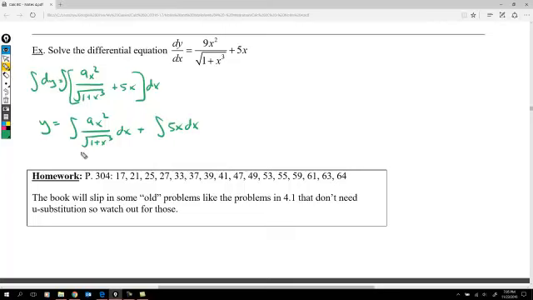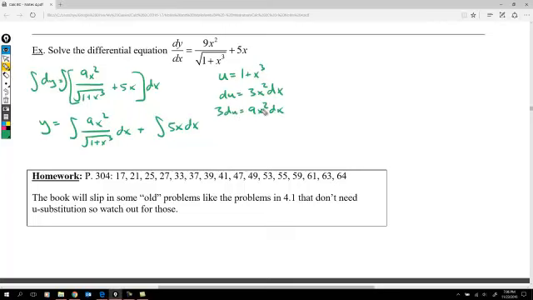This one's pretty easy, so I'm not going to worry about it. Over here, I'm probably going to want to do a u sub. I'm going to let u equal 1 plus x cubed. That means that du is 3x squared dx. Now I have a 9x squared dx, so I'm going to multiply both sides by 3.